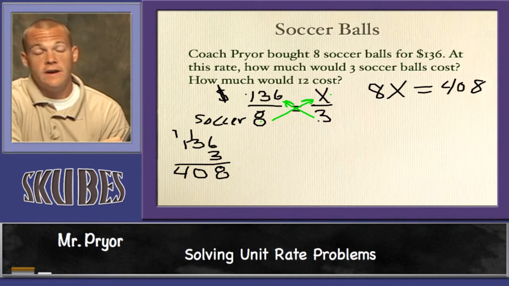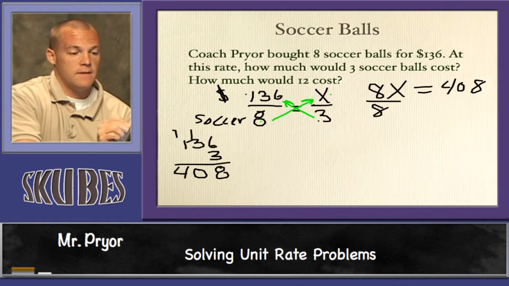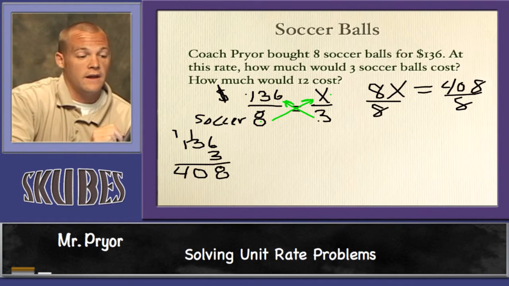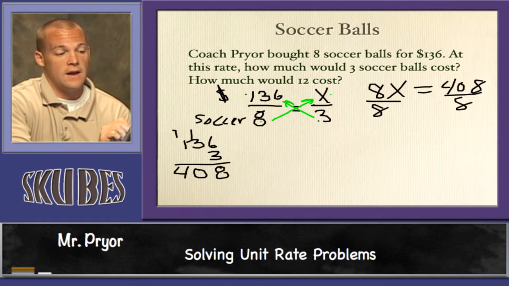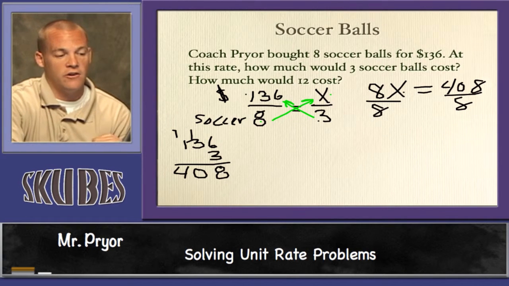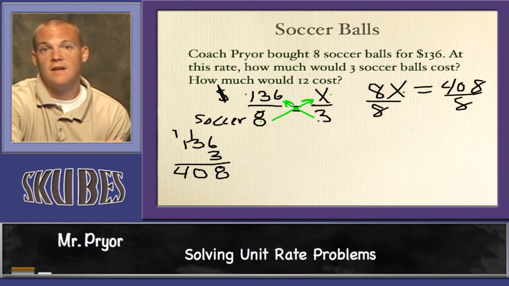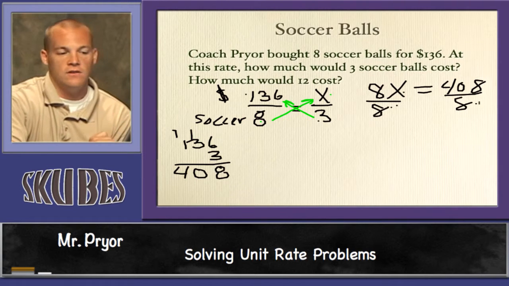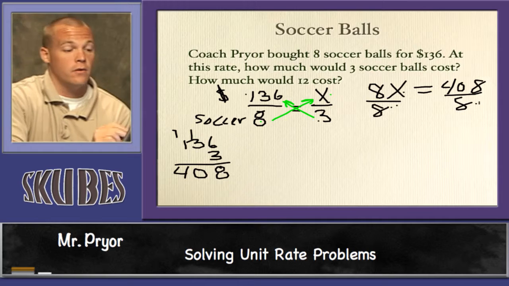So now at this point you're ready to divide. So we're going to divide by 8. We divide by 8 in this case because you're using inverse operations here. 8 times x, the inverse of that is division. What you do to one side of the equation, you have to do to the other side, which is why I'm doing it to both.